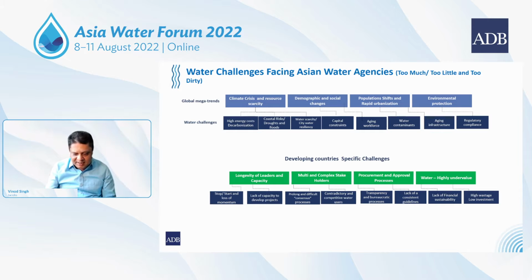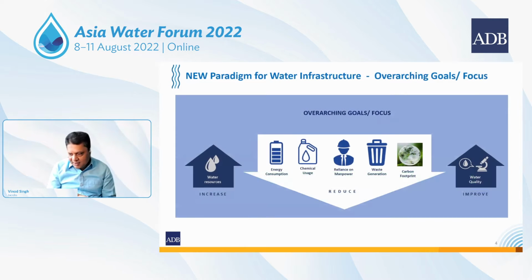So these are the challenges, and to address them, the overarching goal which every utility is trying to solve is to increase the water resources and also improve the water quality. But at the same time, they are also trying to reduce the carbon footprint, waste generation, reliance on manpower, chemical uses, and energy consumption.